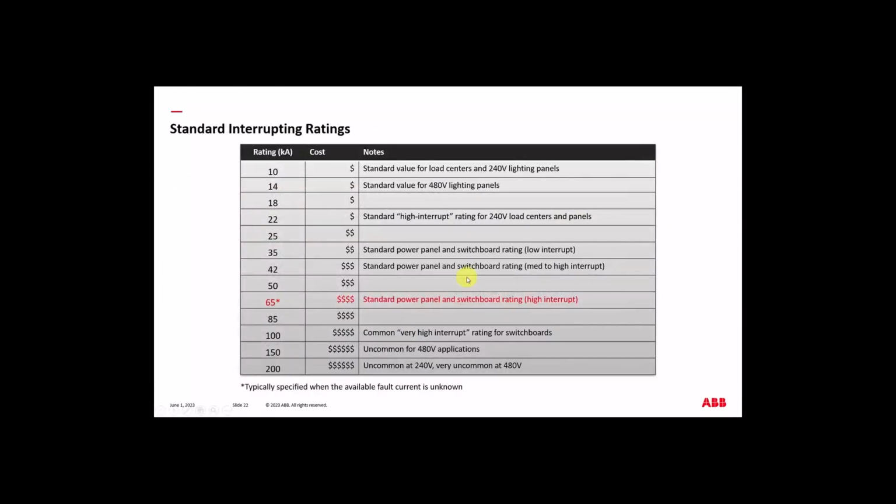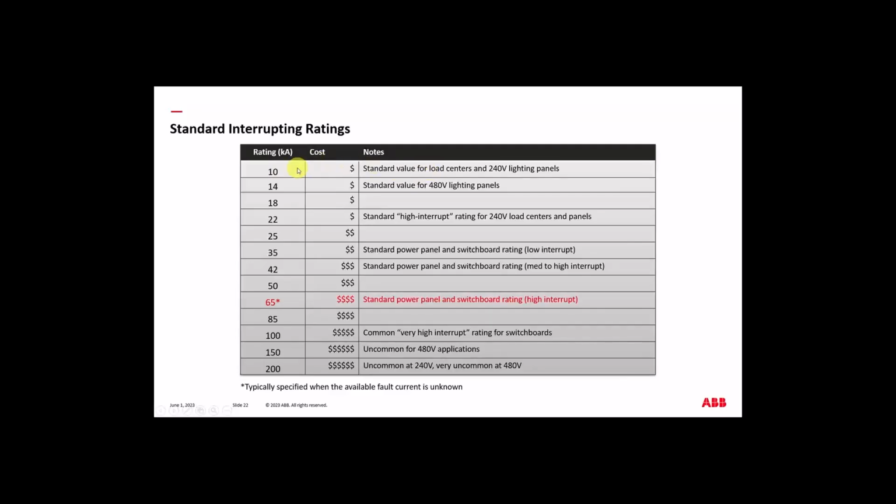Here's a little table I put together showing the standard interrupting ratings for low voltage equipment, what they cost in relative terms, and some notes on them. You see 10 kA, that's standard for 240 and 208 volt load centers. That's the minimum you're going to get.